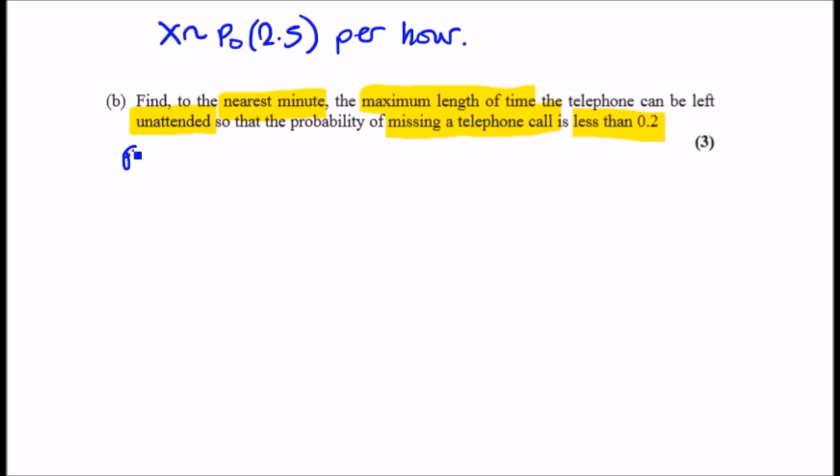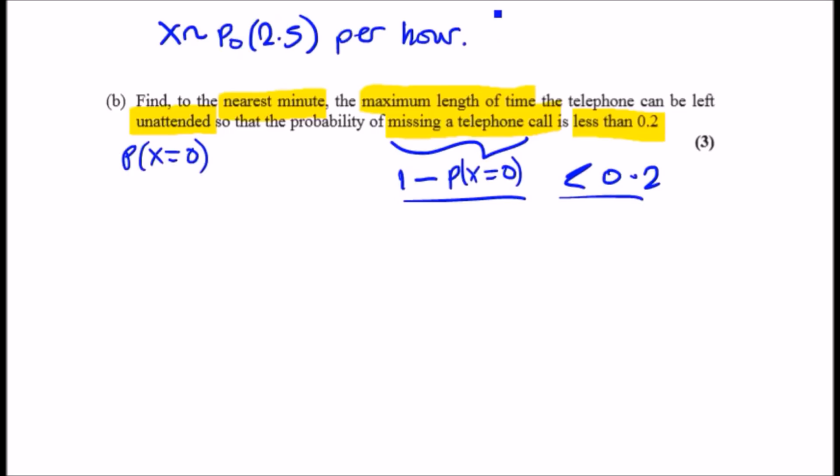The probability of leaving a call unattended is X equals 0, meaning no calls. But to miss a call would be the opposite, 1 minus this. So 1 minus not picking up the call, which is going to be a higher probability. And all of this must be less than 0.2. So this would be our statement.